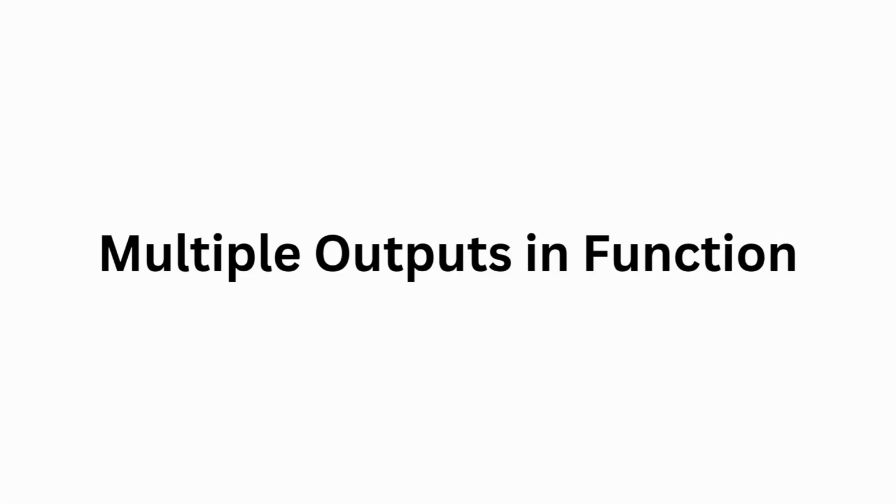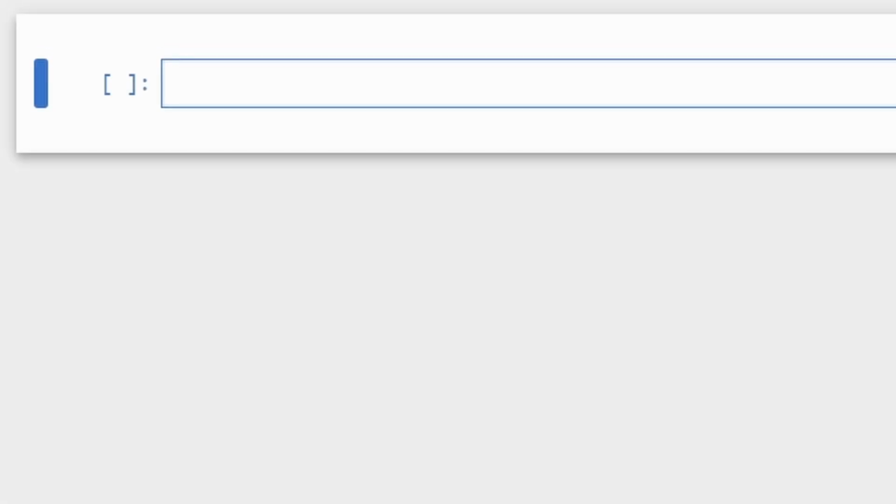Next, let's talk about returning multiple values. Functions in Python can return more than 1 value as a tuple. Check this out. Again, we define a new function called get_user_info. Inside the parentheses, we'll have 2 inputs, name and age, followed by a colon.